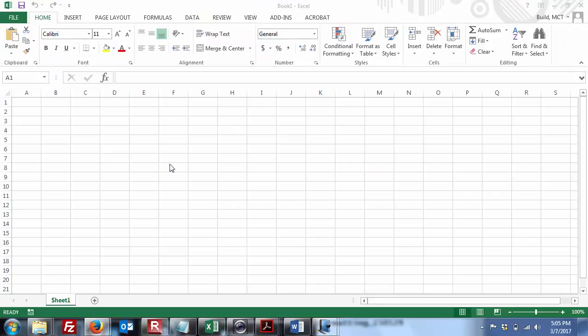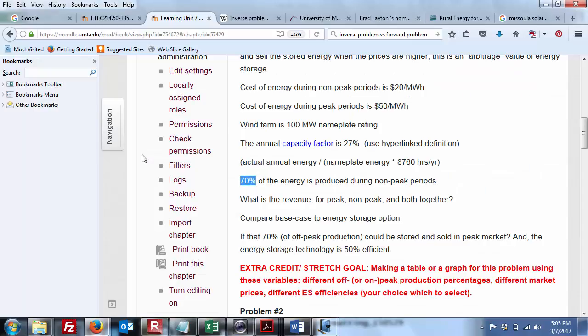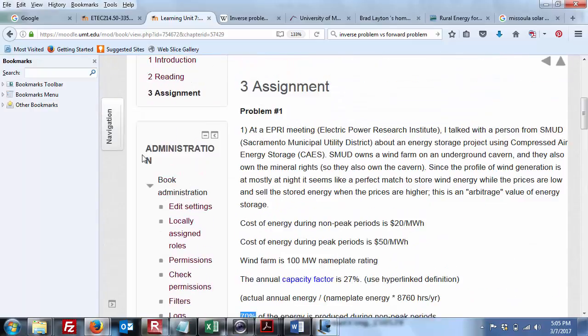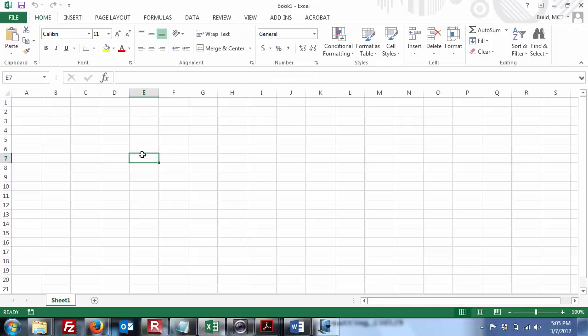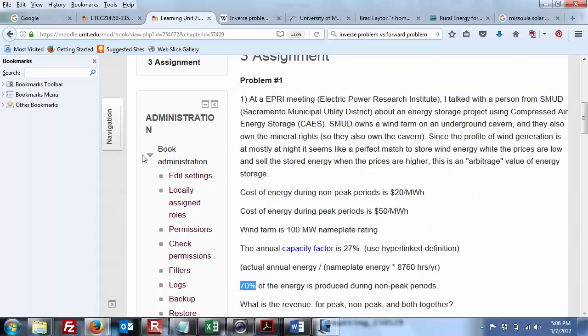I'll just give you an example. So we could say we're looking at it once for 70%. We could do a 70% table, and then we could have a few different values for this.